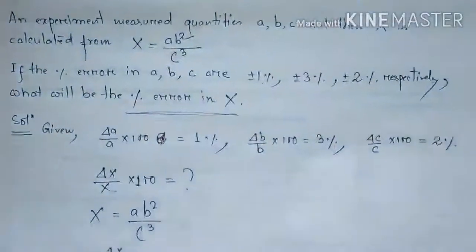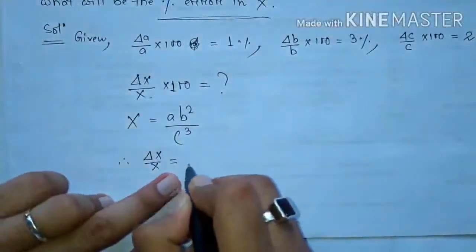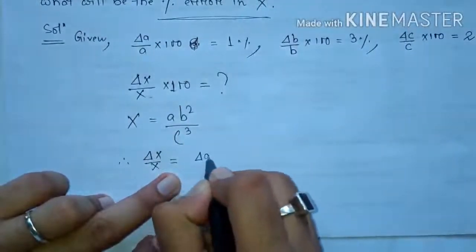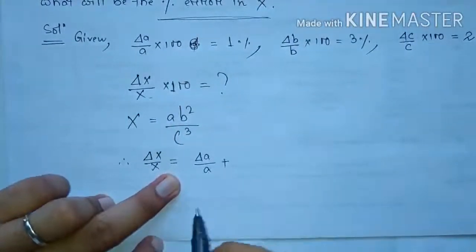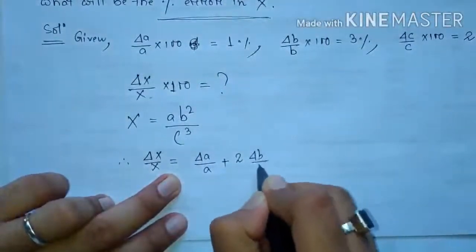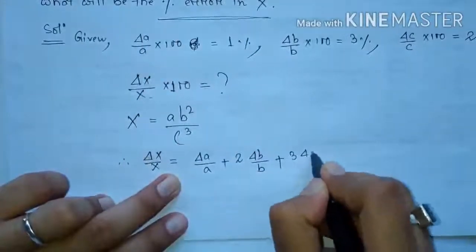So I think I can write delta x by x equal to, power of a is 1, so it is 1 into delta a by a, plus power of b, that is 2 into delta b by b, plus power of c, that is 3 delta c by c.